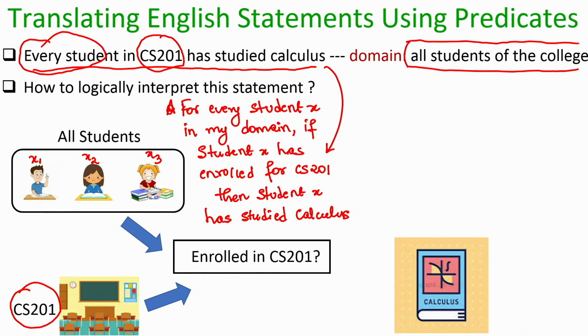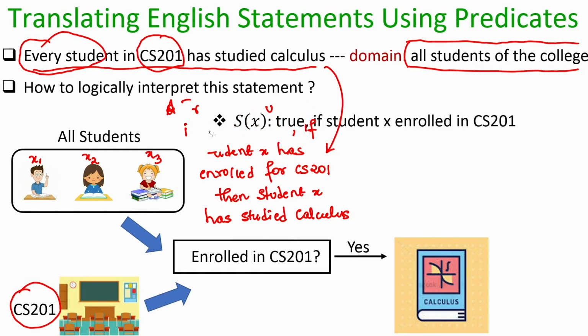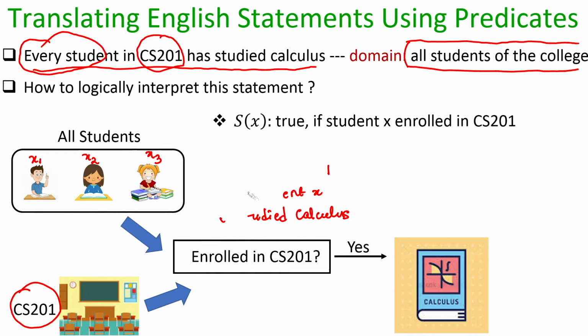Now, I have to introduce some predicates here to represent the statement that for every student x in my domain, if student x has enrolled for CS 201, then he has studied calculus. So, let me first introduce a predicate S of x. Well, you can use any predicate variable, but I am using S of x for my convenience.